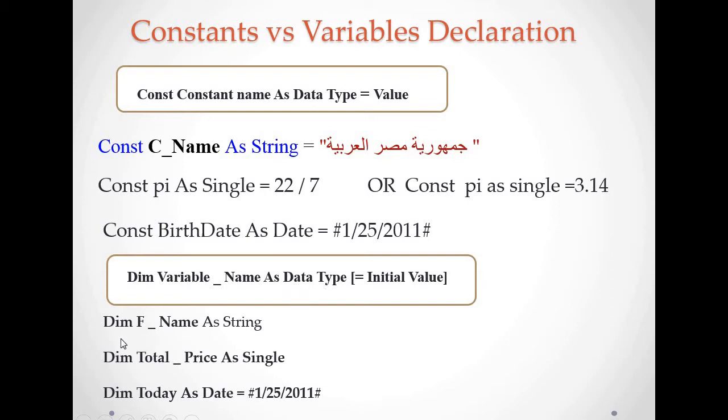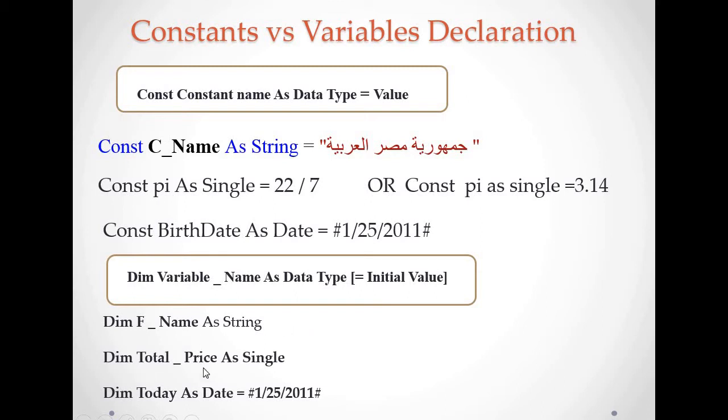Like this example, the first one is to declare a text. We start with Dim, then the variable name, then the data type here is String, so the user should enter only a text in the text box in the form.